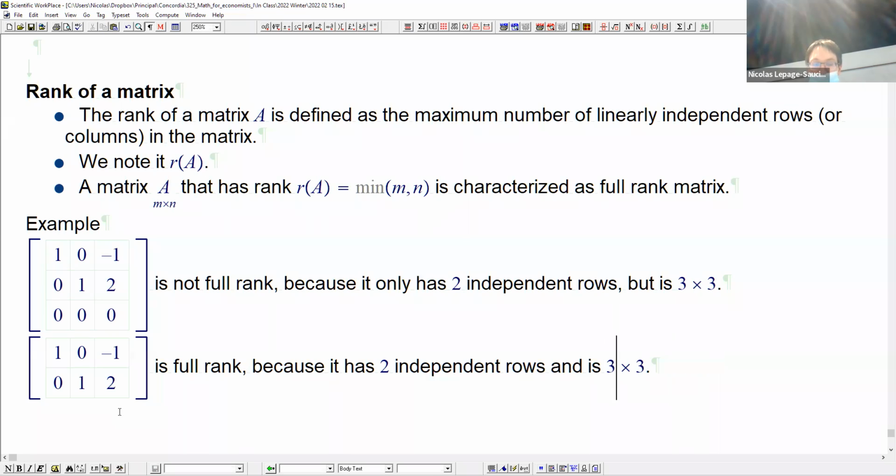So here the rank is 2, and the minimum of 2 and 3 is 2. So let me continue with my questions.